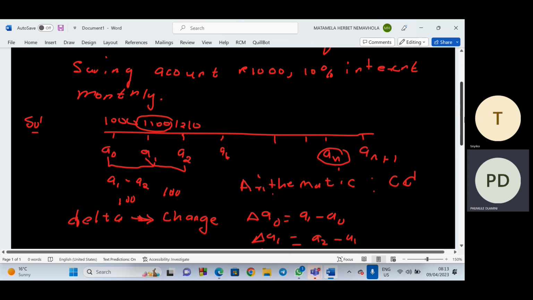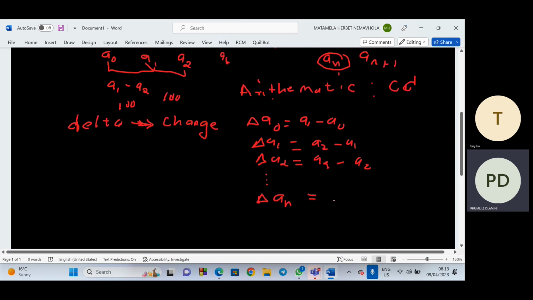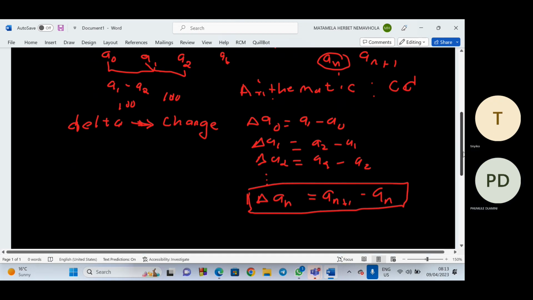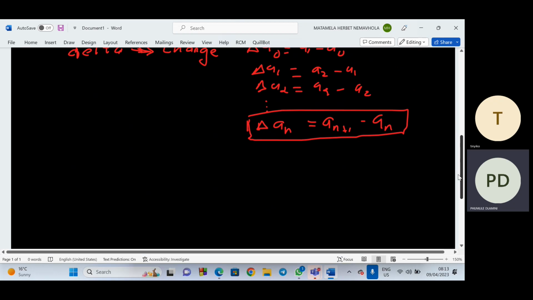Then the delta of AN is going to be AN plus 1 minus AN. So now we just got the formula. We can call it a general formula for the change.